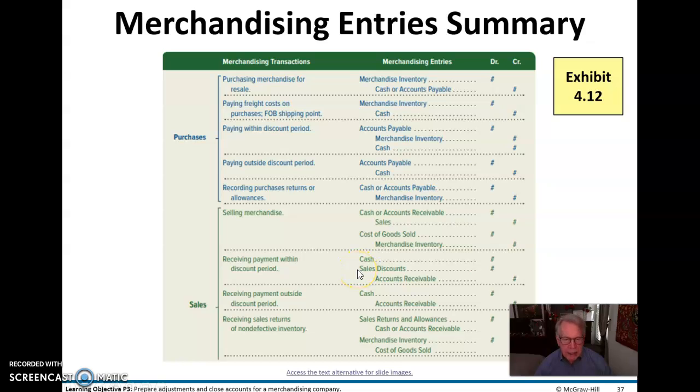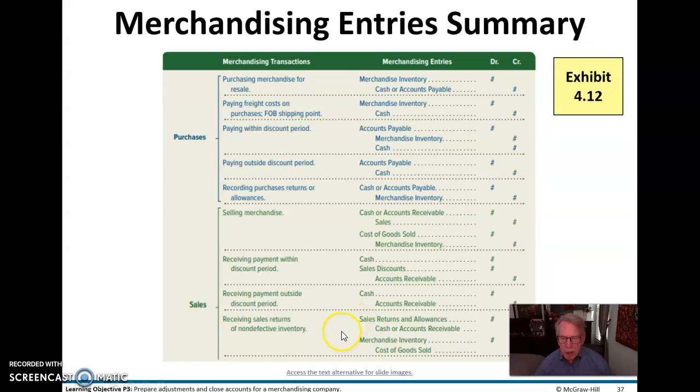We're going to show that as a sales discount account. Now that's what I call a prompt payment discount. And then if it's outside the discount period, we just simply pay it in cash, or get paid in cash, I should say, as the seller.